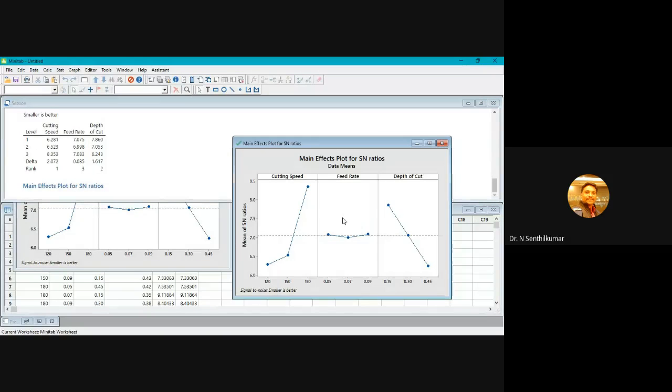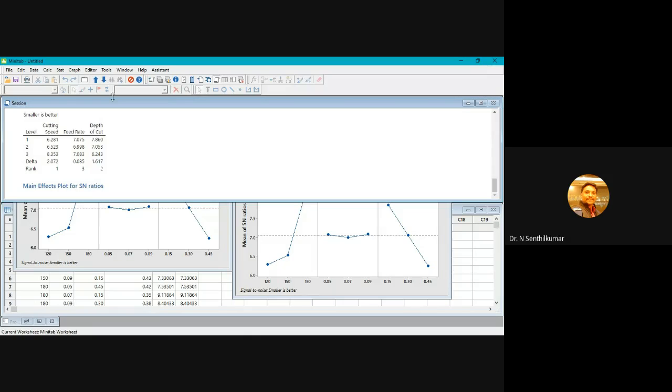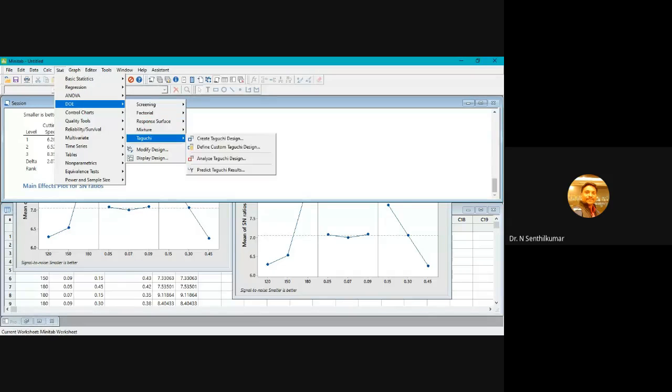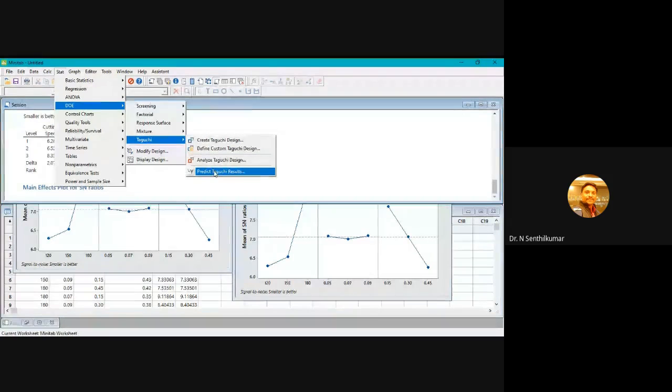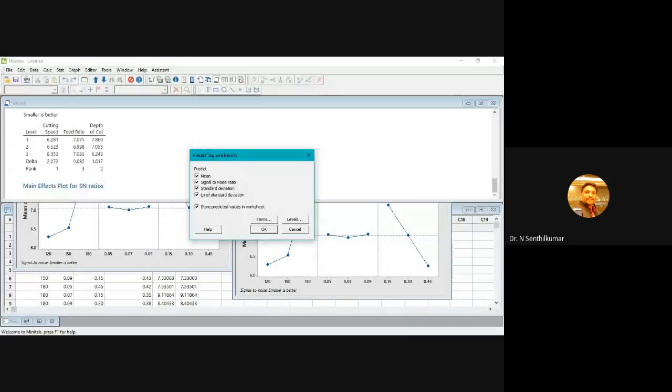So you can see the prediction values. So third level, first level. Someone is asking about that prediction equation, no? In this also we have the prediction. Stat, DOE, Taguchi, predict. What am I going to predict?